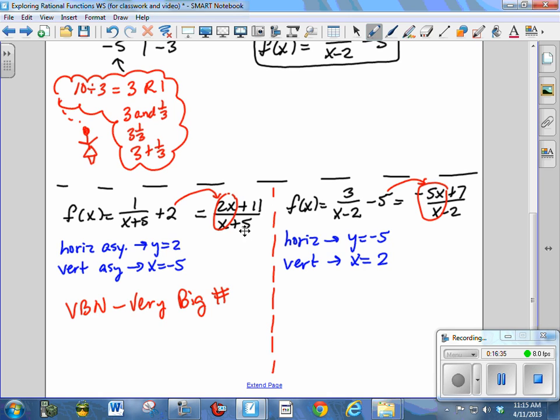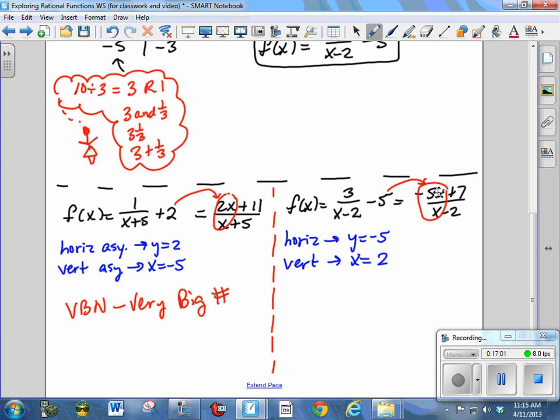Is the plus 11 and plus 5 going to make a whole lot of difference when I'm talking about 2 million? No. What if it was 2 billion? 2 billion and 11 divided by 1 billion and 5 is pretty close to just 2 billion divided by 1 billion, so we end up leveling off at 2. Not exactly 2, but getting very close to 2. So y gets very close to 2 when x is really big.